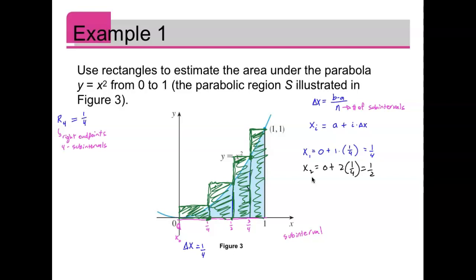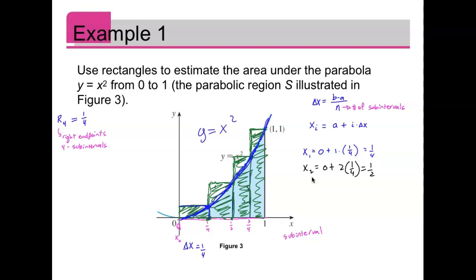Now I can get the height of that rectangle based off the function, right? The height is just going to be the y value here. How do I get the y value at that point? What's the equation of that curve? That's y equals x squared, right?